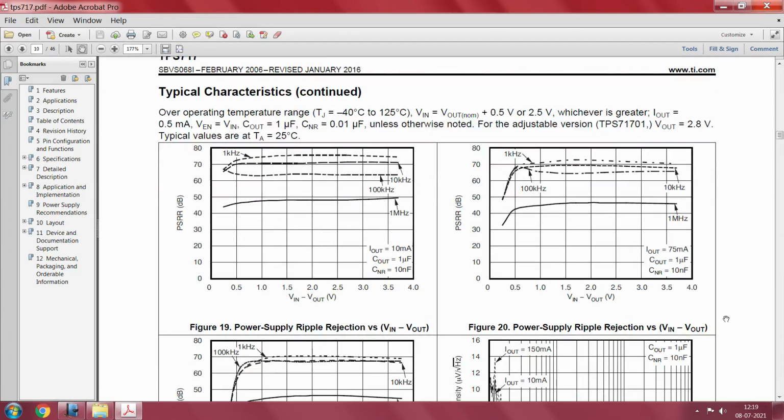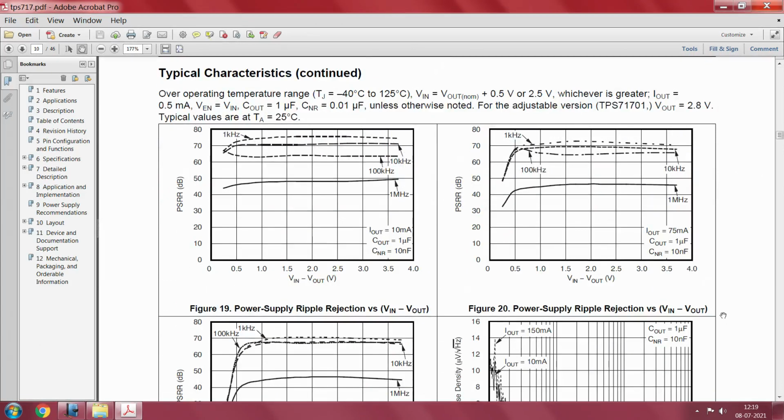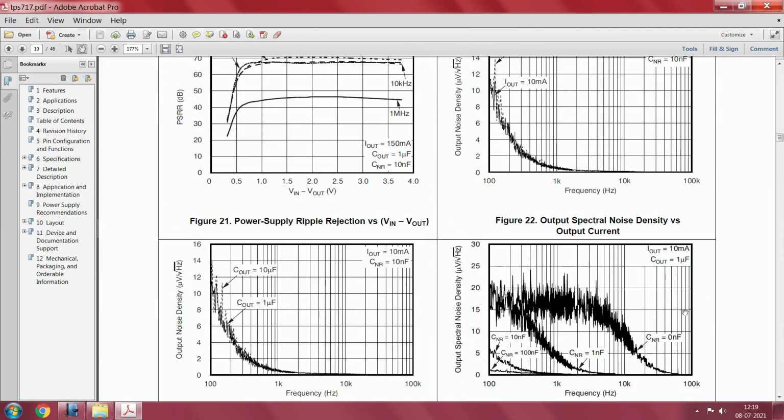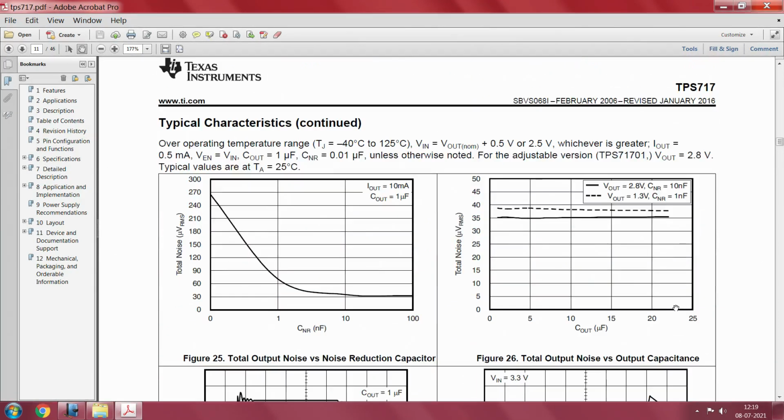The LDO can start having issues with respect to the temperature if you do not choose the right kind of package for your application. So this is one part of the story.